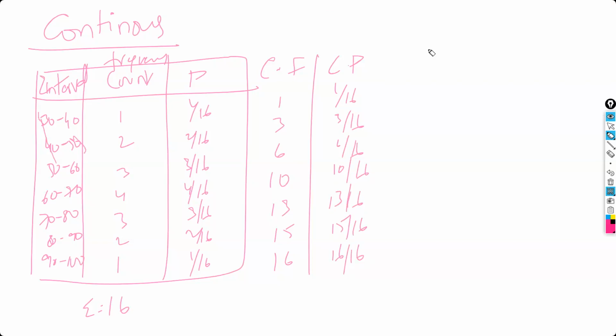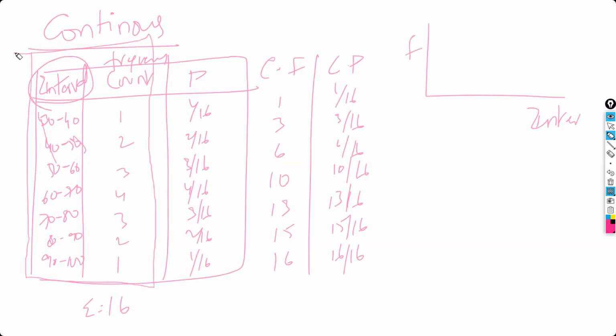According to that, if you take the interval on the x-axis and frequency on the y-axis, meaning the first two columns, and draw the diagram, it is called a frequency distribution. If you consider the interval on the x-axis along with probability on the y-axis, it is called a probability distribution. If you consider interval on the x-axis and cumulative frequency on the y-axis, it is called a cumulative frequency distribution.